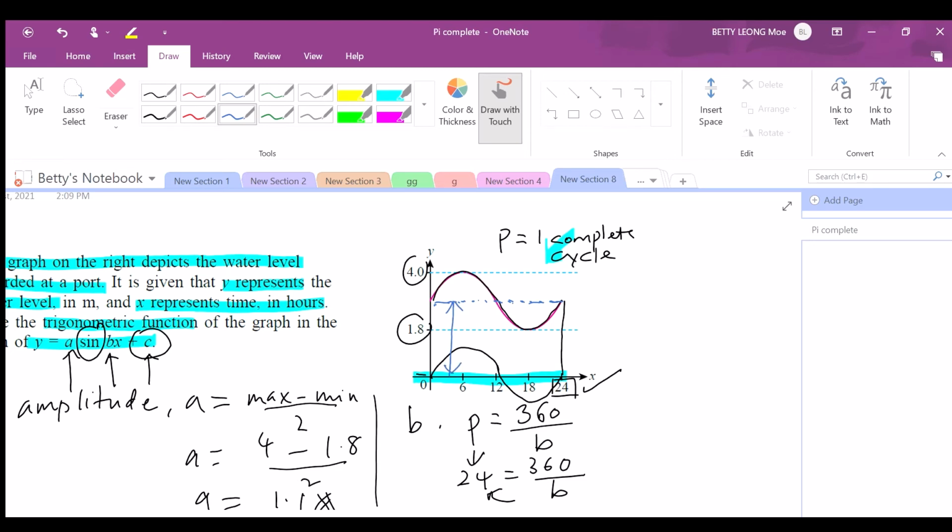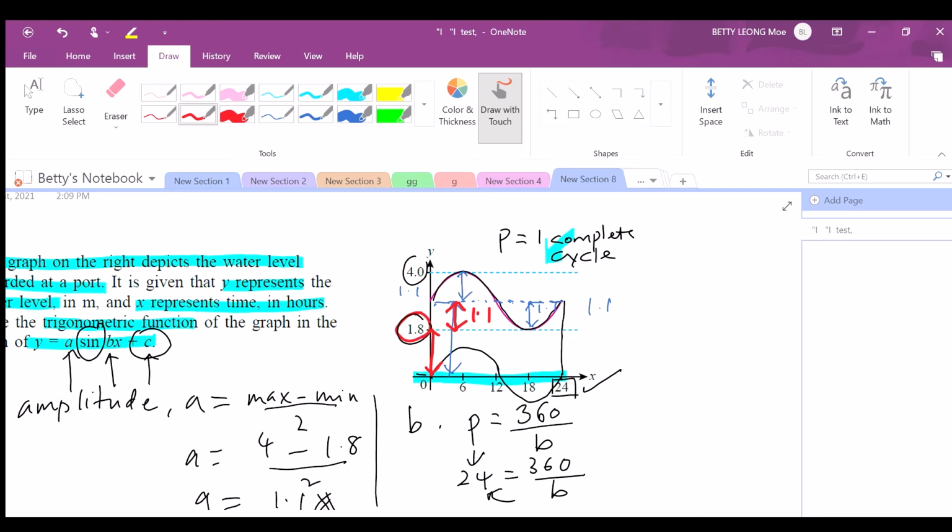Before that, you know that the amplitude here is 1.1. So this amplitude also 1.1. So you know that this one is 1.1 and this one is 1.8.